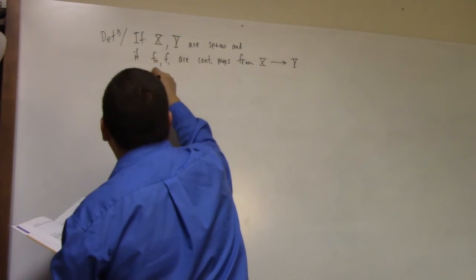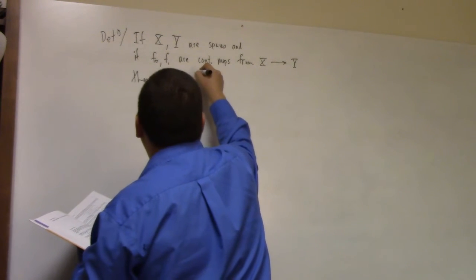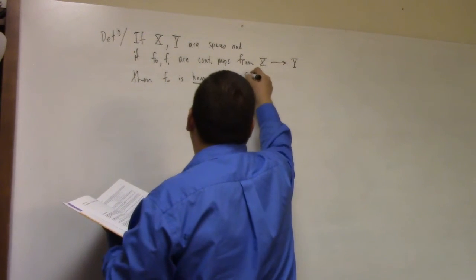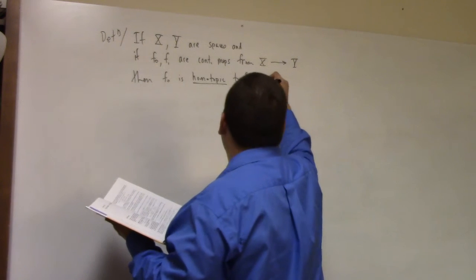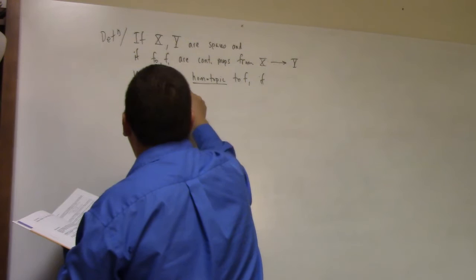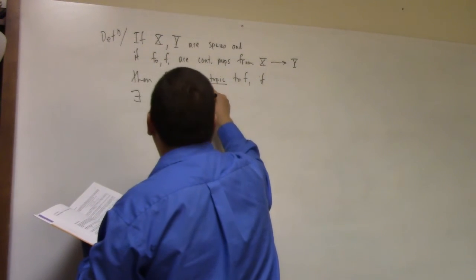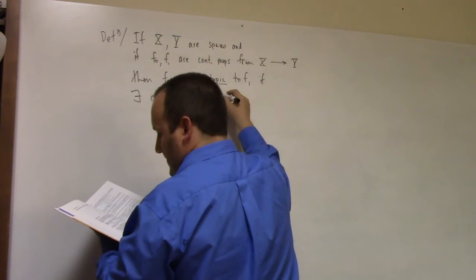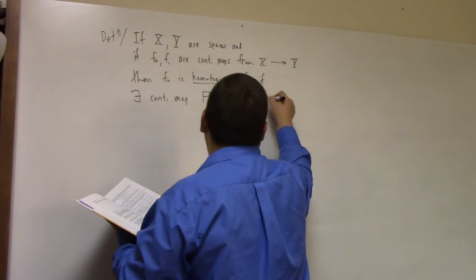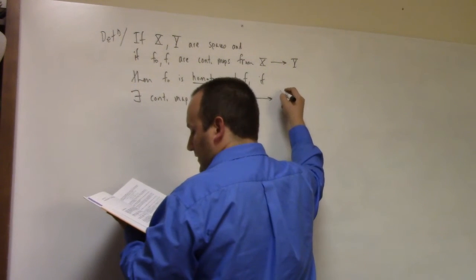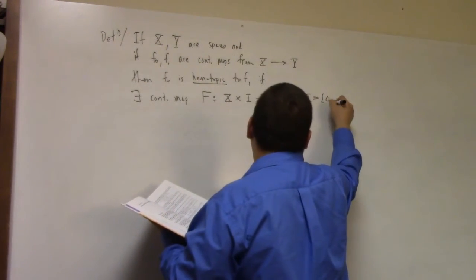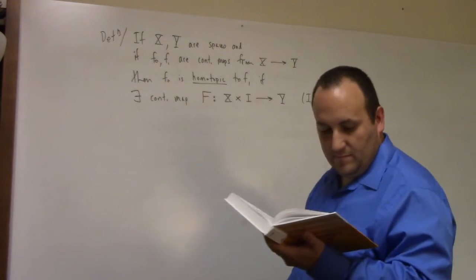Then F naught is homotopic to F1 if there exists a continuous map F, big F, from X cross the unit interval I to Y. Now that I again is the real 0 to 1, right? Subset of real numbers, that guy.